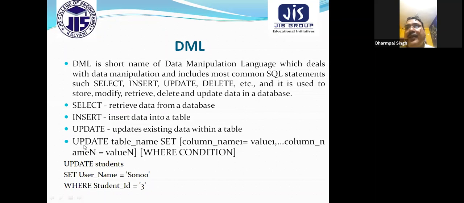Here we have to write the UPDATE command, then mention the table on which I want to perform the update. Then SET, which means I mention which column I want to change. Suppose I want to change the username, so I write username. The value I want is the new value; the old value is not required. Which student ID do I want to change?